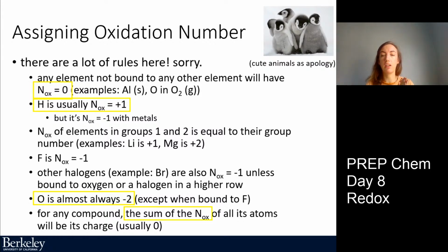There's a question about what defines halogens. Halogens are that second to last group, that second to last column on the periodic table. So they start with fluorine, and then I think bromine is next. It's that second to last one. And if you think back to when we were talking about valence electrons, they have 7 valence electrons, and so they're going to want to gain one more electron in order to then have 8, and then that would get them to an oxidation number of -1.